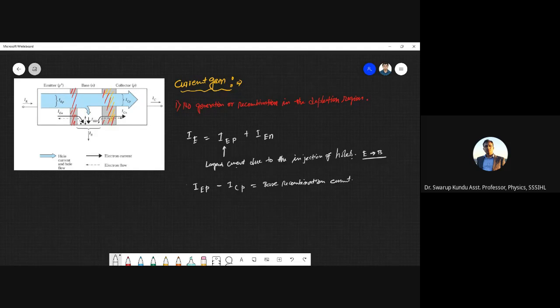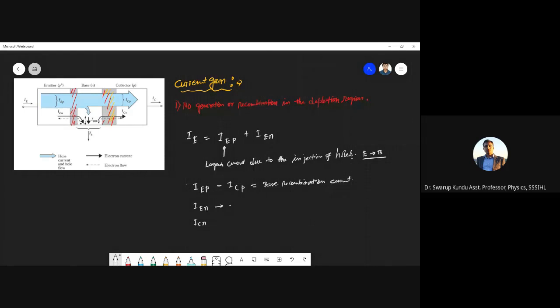And in base there are two other currents, right? We have already discussed. One is IEN, and then we have ICN, right? So IEN is basically called injection.